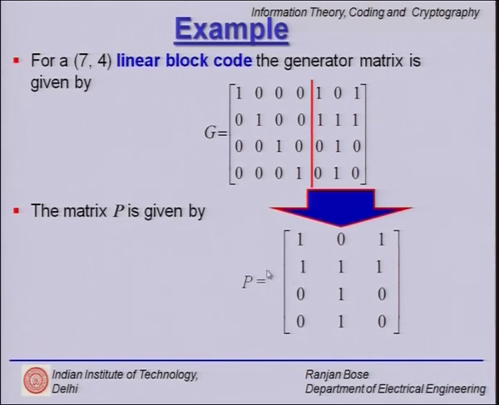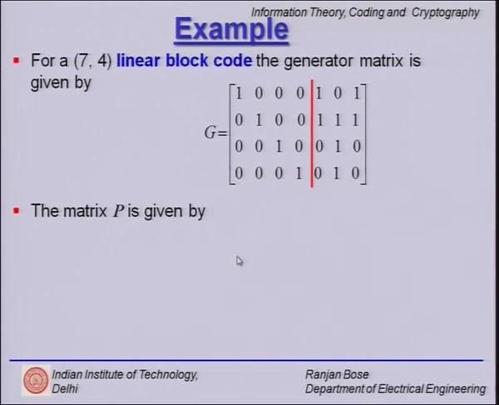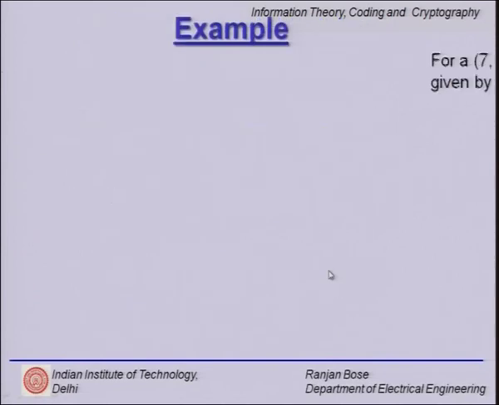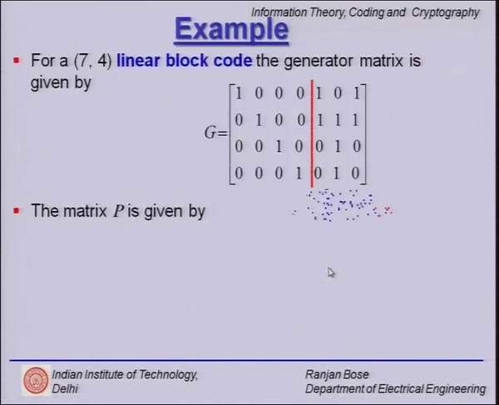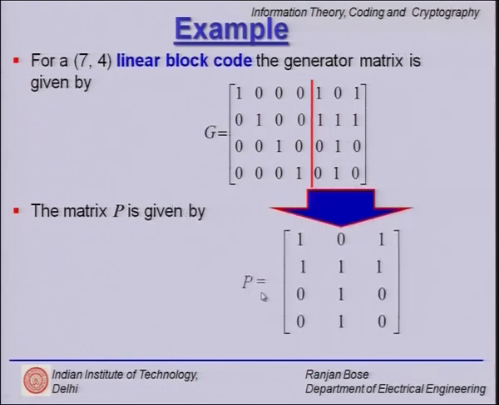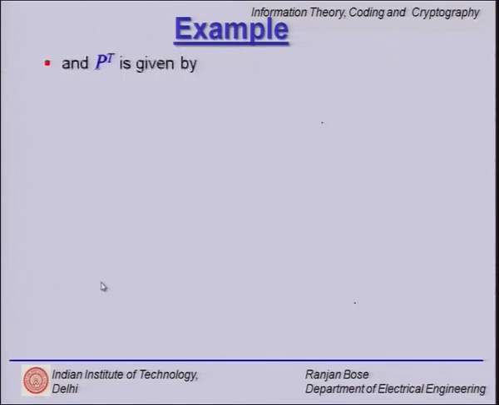If you remember, in order to calculate H, we need minus P transpose and then just append I. So let's go with this P, and the first step is to find out what P is, which is very clearly given here.